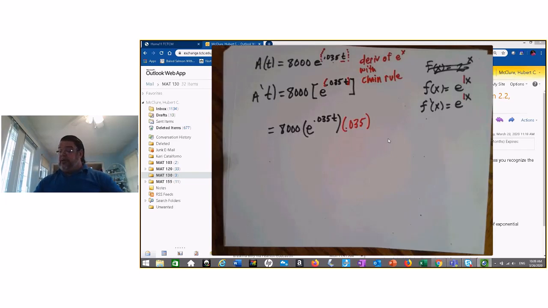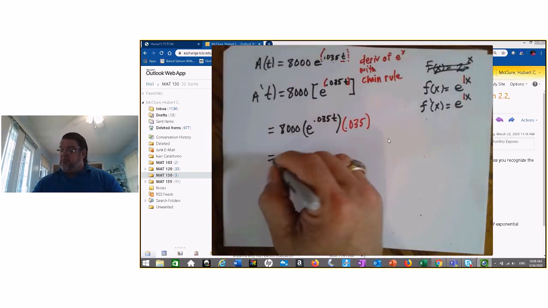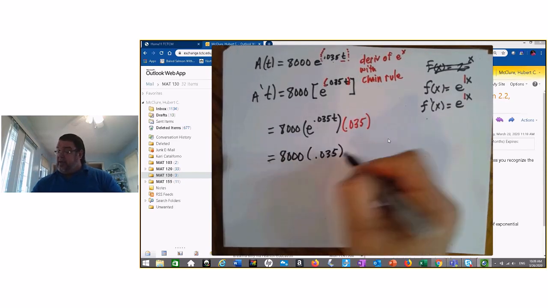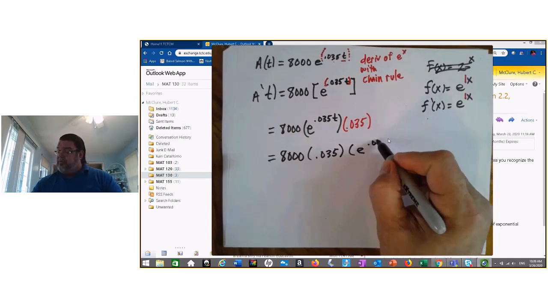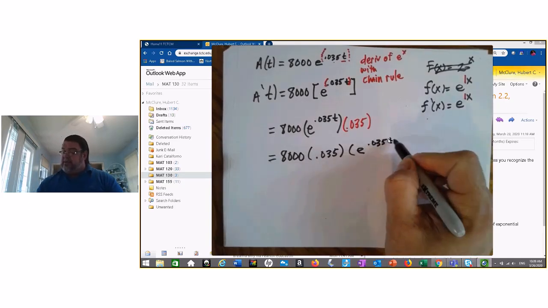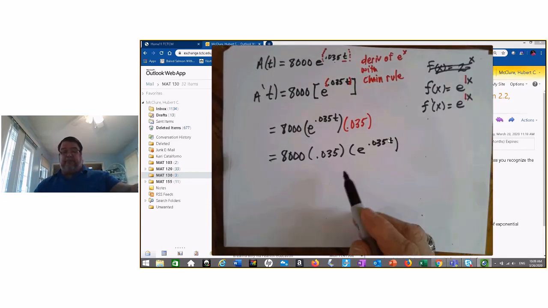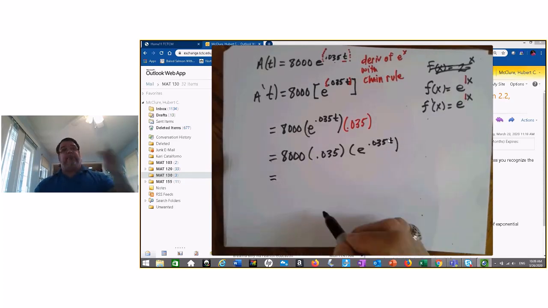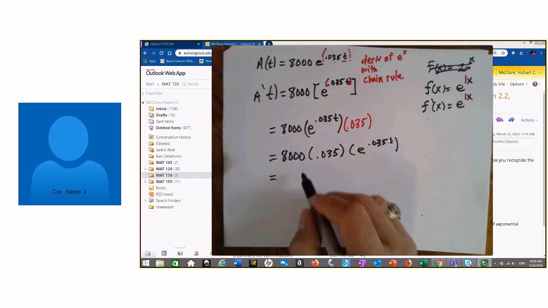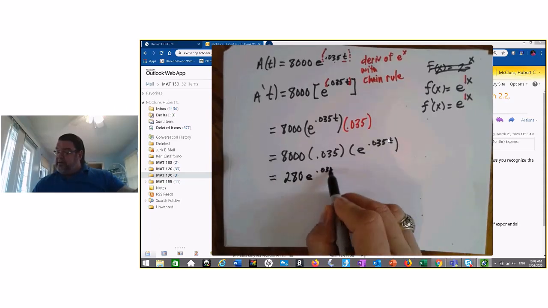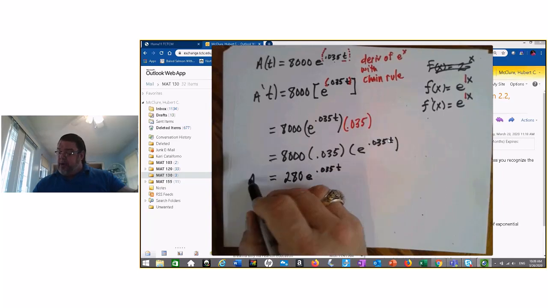That's going to give me 8,000 times 0.035 times e to the 0.035t. Now somebody take 8,000 and multiply it by 0.035. $280. And that's 280 e to the 0.035t. And that is A prime of t.